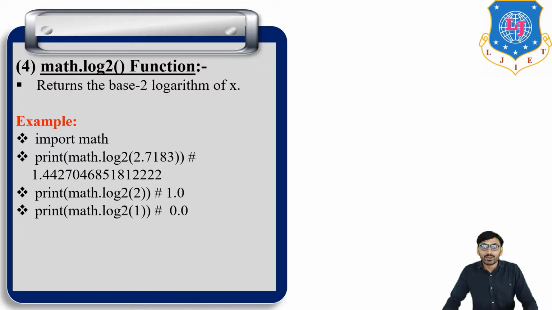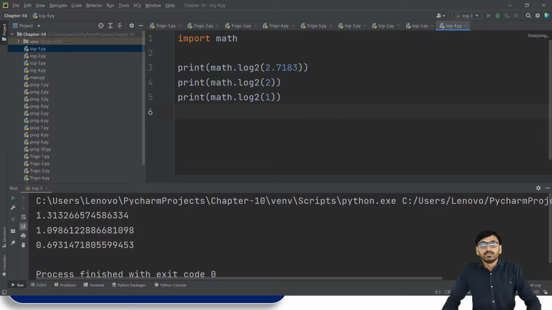Now this same program we run in PyCharm. So import math, then print math.log2(2.7183), then print math.log2(2), base 2 and value also 2. Then the third one, print math.log2(1).